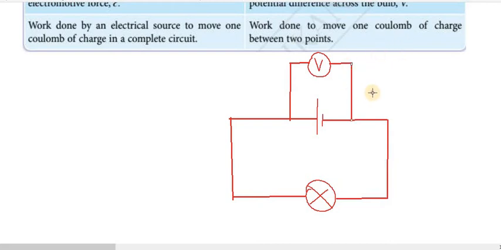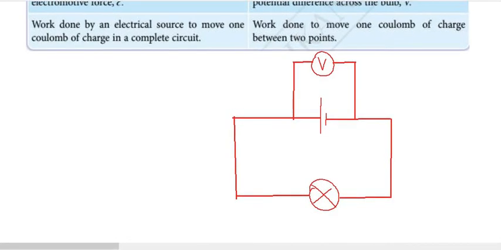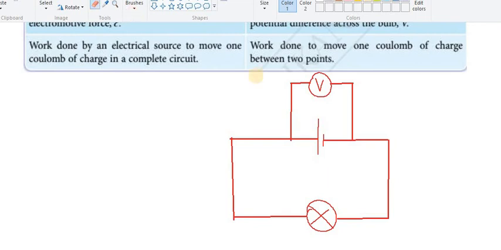If it doesn't touch, even a small gap, it will be taken as the connection being incomplete, and that means the circuit cannot function.